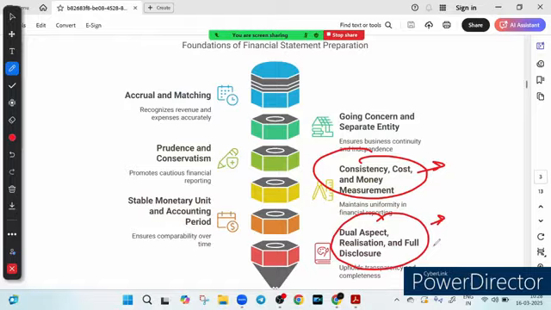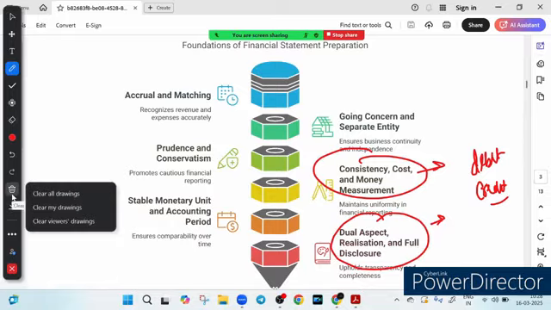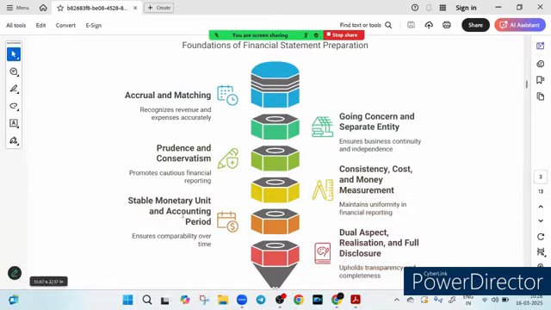Every financial transaction affects at least two accounts, one called the debit account, another called the credit account, keeping balance intact. Moreover, full disclosure ensures that all relevant financial information is transparently reported, leaving no room for hidden surprises. So these are the accounting principles which are the backbone of financial statements, ensuring accuracy and transparency. I hope it is clear.